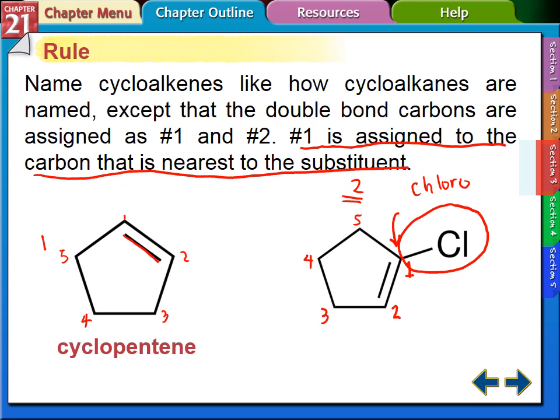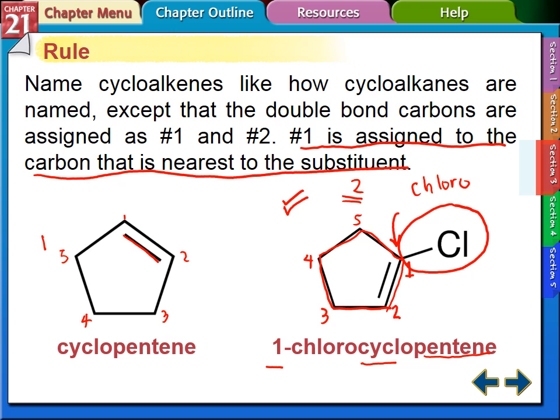So to name this second example, we will have 1-chlorocyclopentene. So 1 because the chloro is attached to carbon 1, and cyclopentene since we have a cycloalkene composed of 5 carbons.